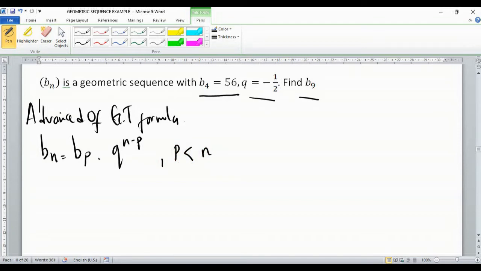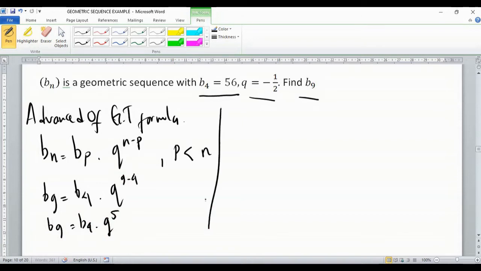So from here, because they're asking about the 9th term, we can write the 9th term. But we have the 4th term, so we can take b4 times k to the power 9 minus 4. So we have b9 equal to b4 times k to the power 5.